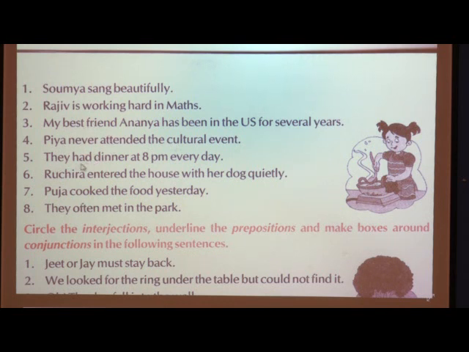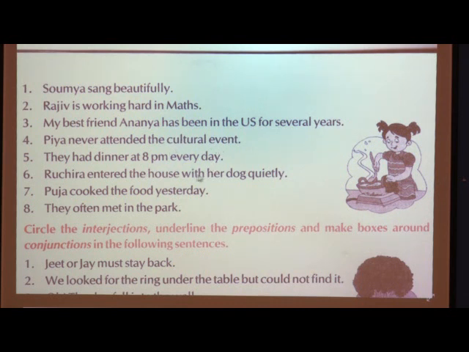Next, they had dinner at 8 p.m. every day. Which is a verb? Yes, had is a verb, so underline the word had. And which is an adverb? Every day. When did they have dinner? At 8 p.m. every day.